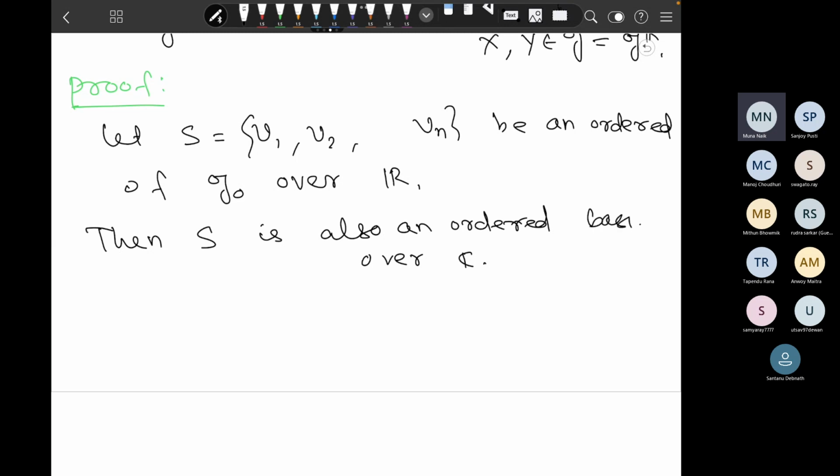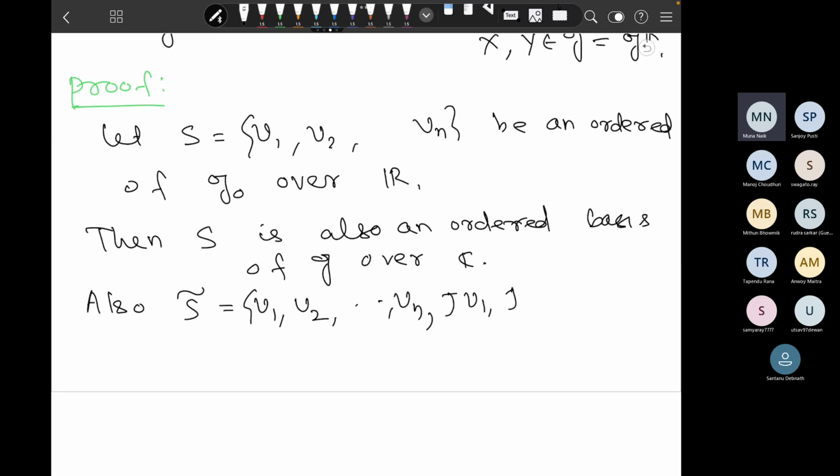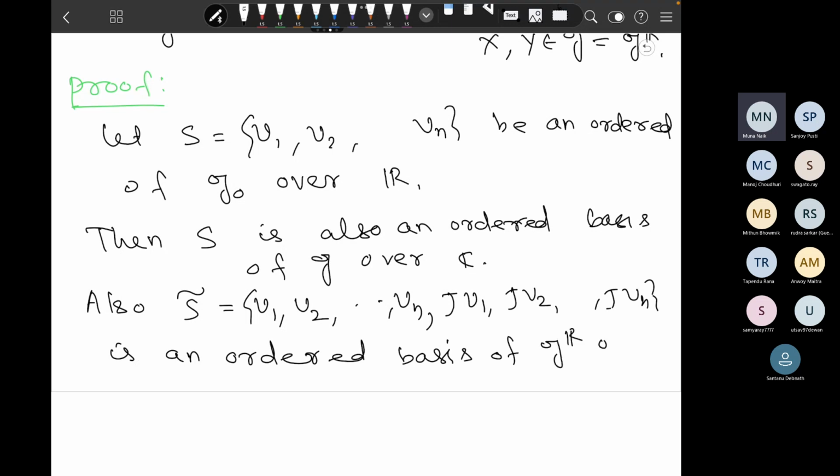Also this S tilde, consisting of V1, V2, up to Vn and JV1, JV2, up to JVn, is an ordered basis of G_R over R.